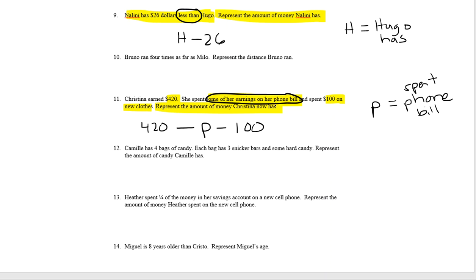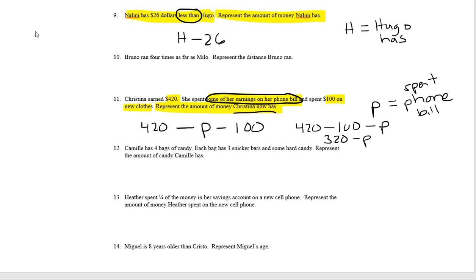So represent the amount of money Christina now has. So we could write 420 minus P minus 100, or we could write 420 minus 100 minus P, recognizing that 420 minus 100 is 320.